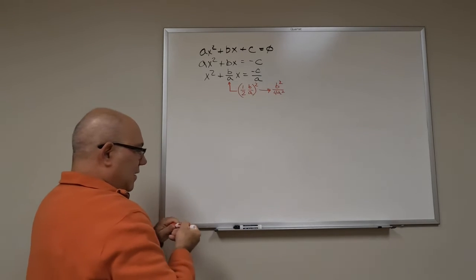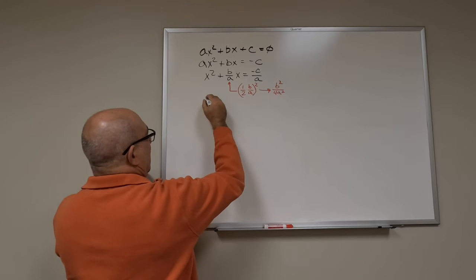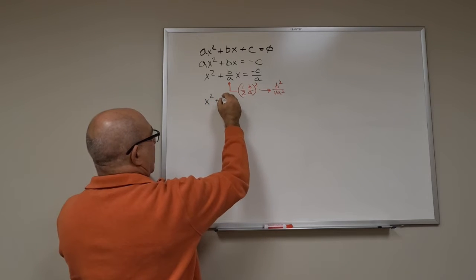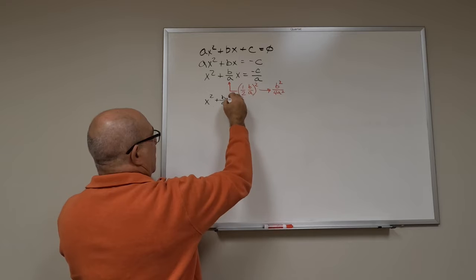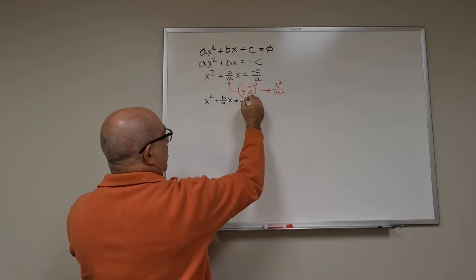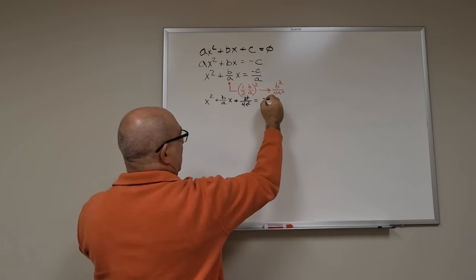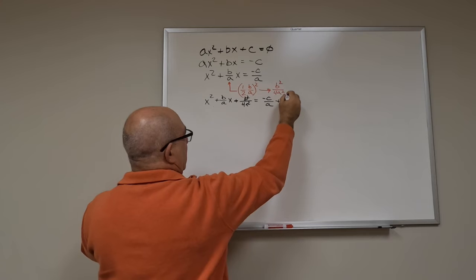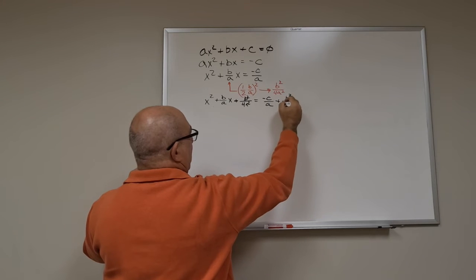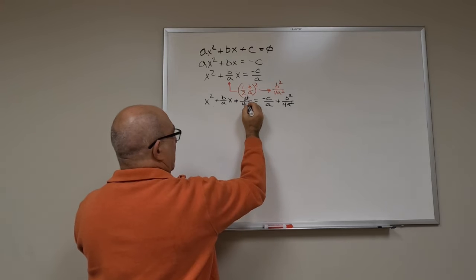Okay, so if we take that term and add it to both sides, we'll have x squared plus b over a x plus b squared over 4a squared equals minus c over a plus b squared over 4a squared. You can see that's an a, sorry.